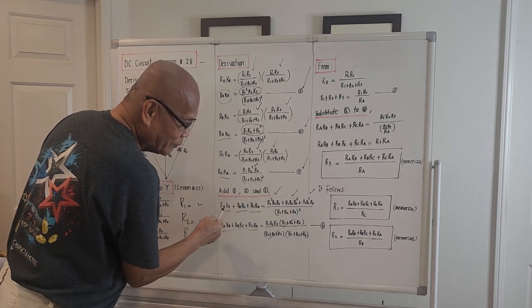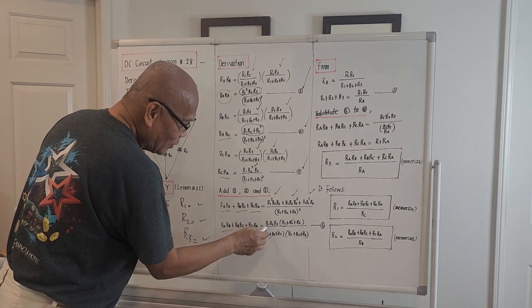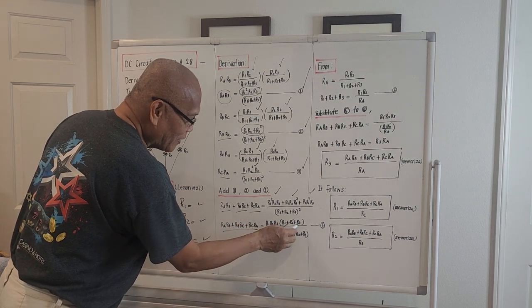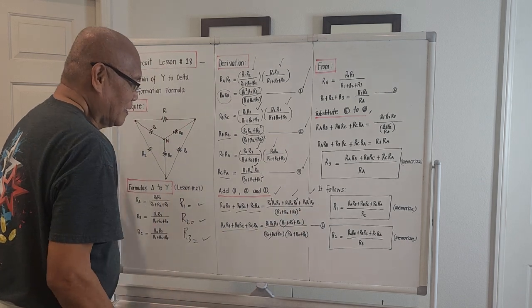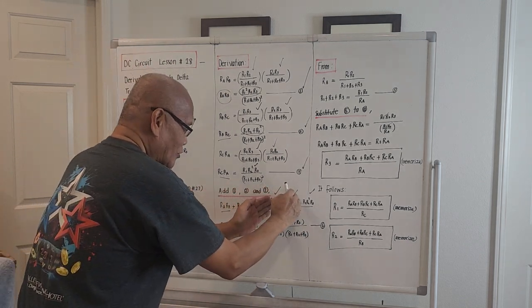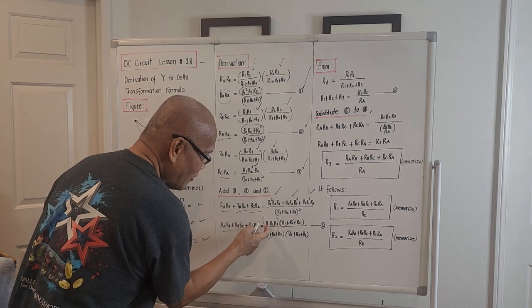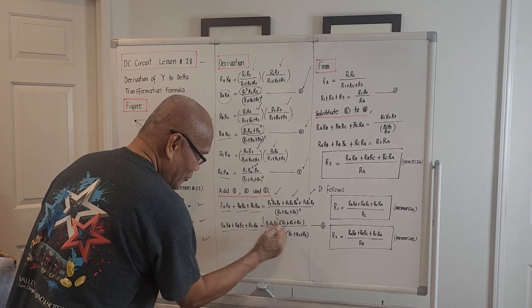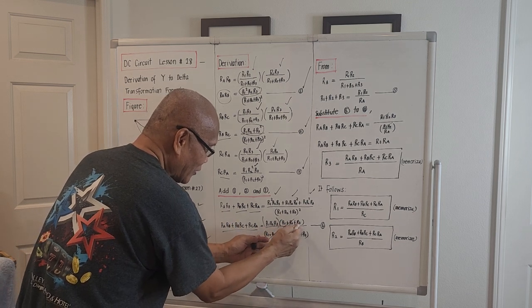So actually we could bring out the common factor R1, R2, and R3. And R1, R2, and R3 times R sub 3 is actually the third one. Right? The operation is multiplication. This is the common factor. We bring it out times the quantity, the sum R1 plus R2 plus R3.